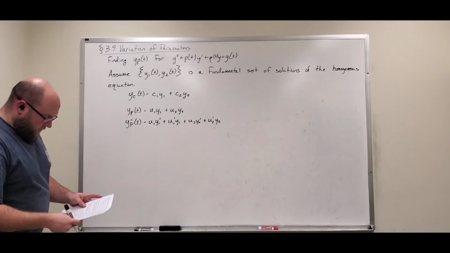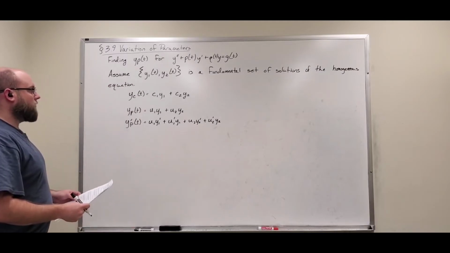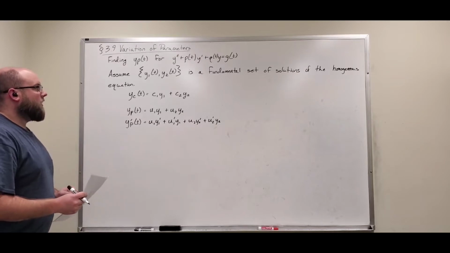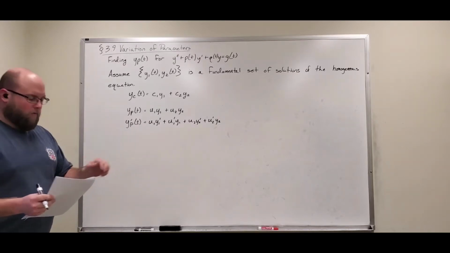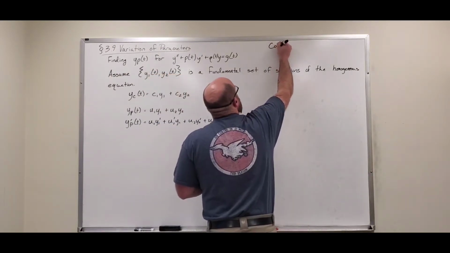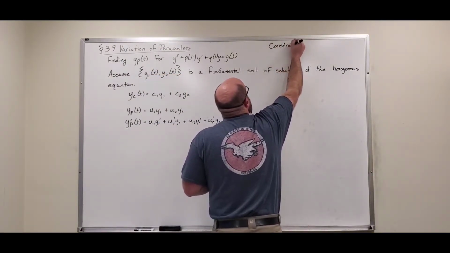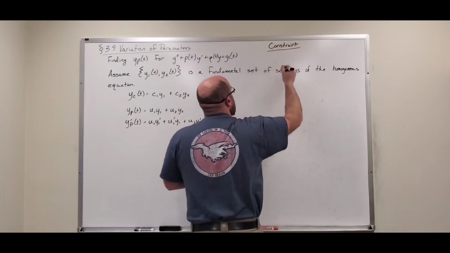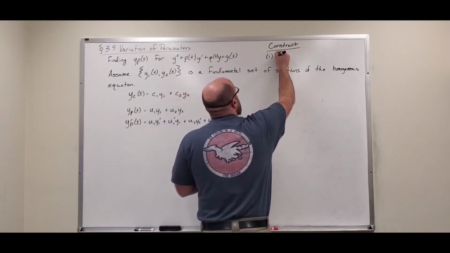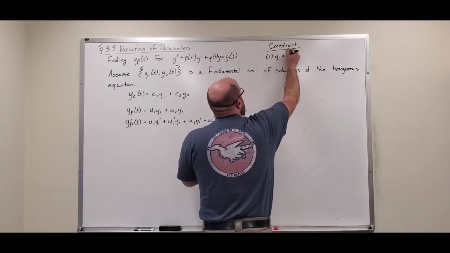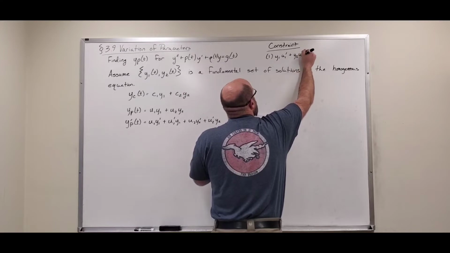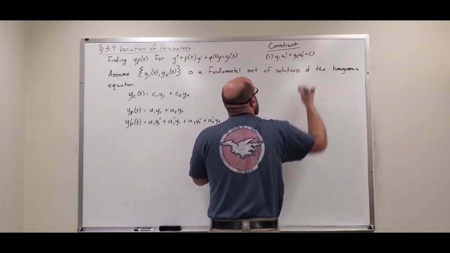One thing we are going to do to help with our calculations, and something we're looking ahead for, is set constraints. There are going to be two. The first one is that y1 u1 prime plus y2 u2 prime is equal to 0.